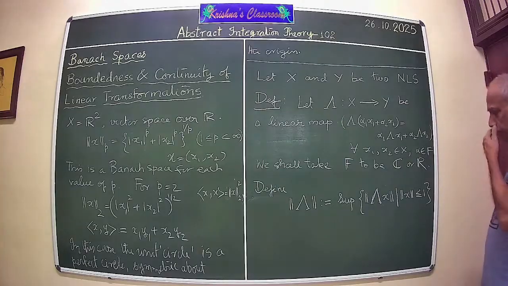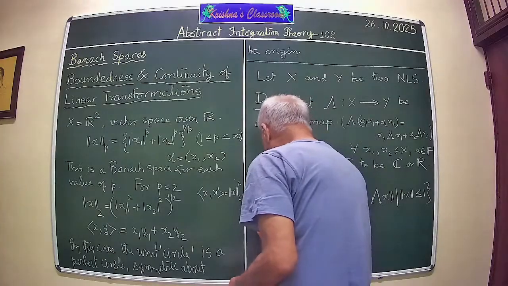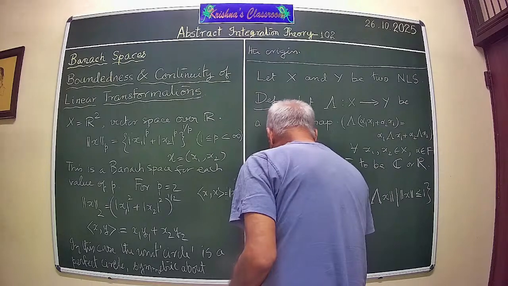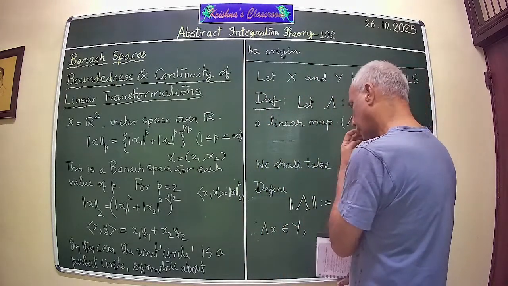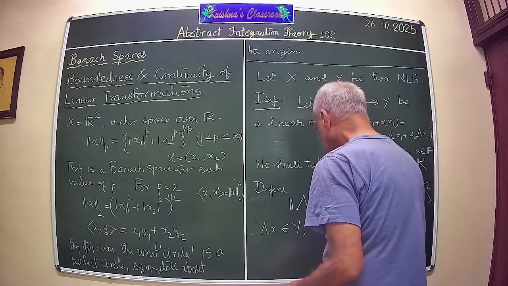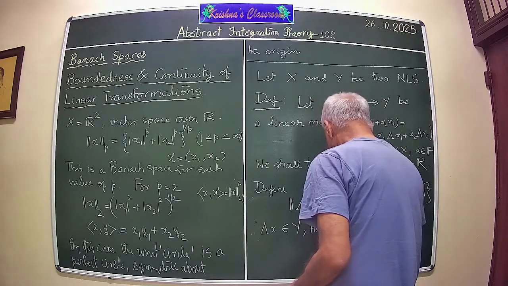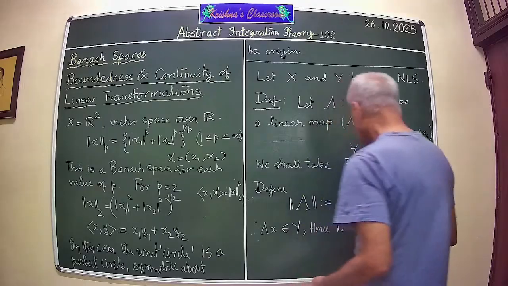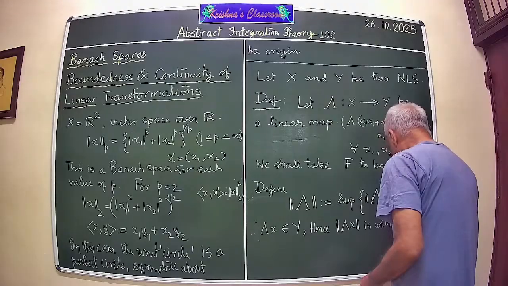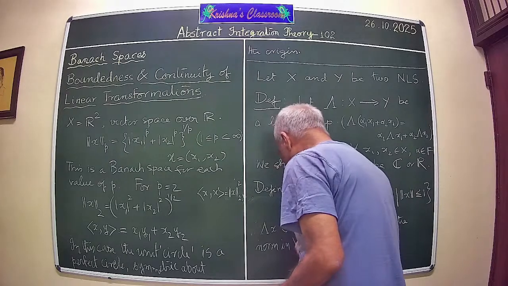Now one remark I want to make is this: lambda x belongs to Y, so the norm of lambda x is with the norm in Y.